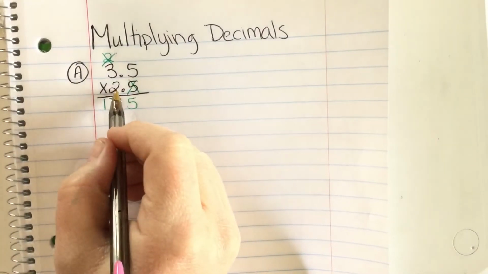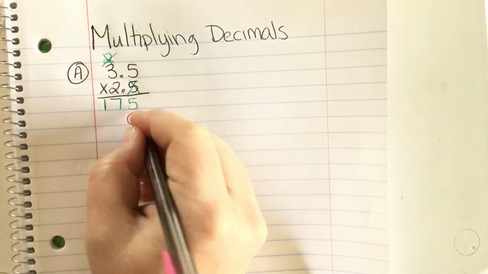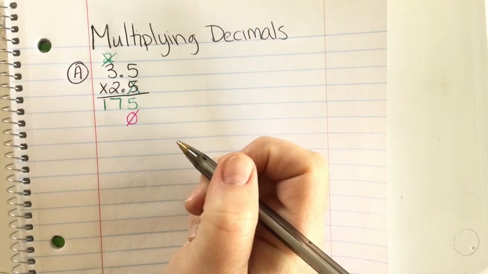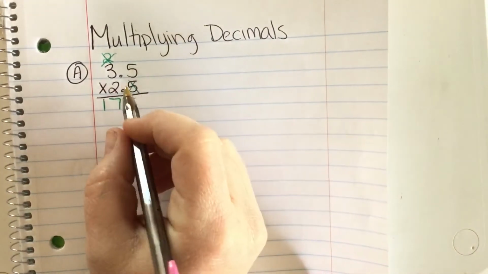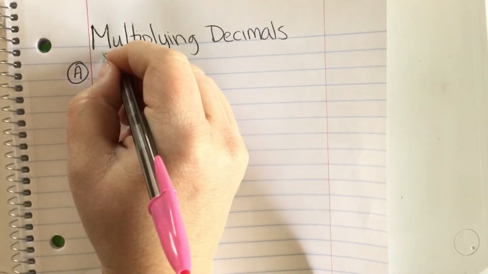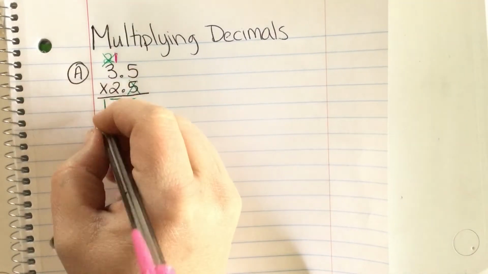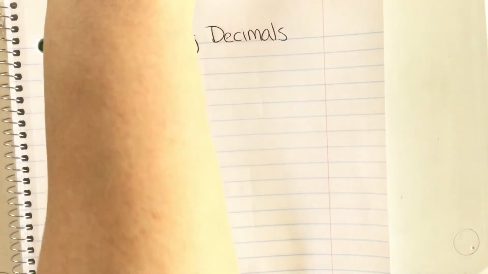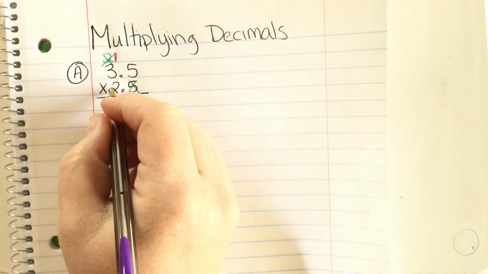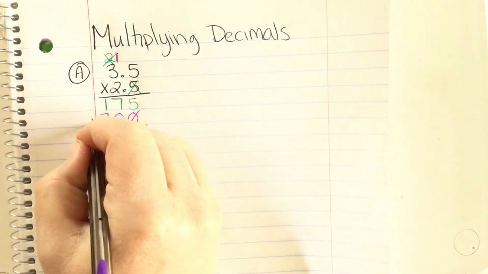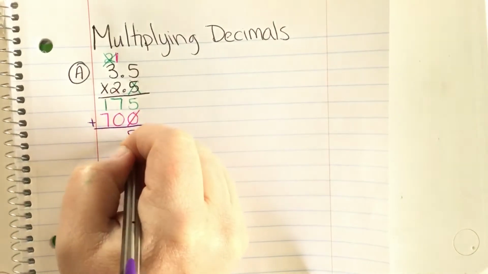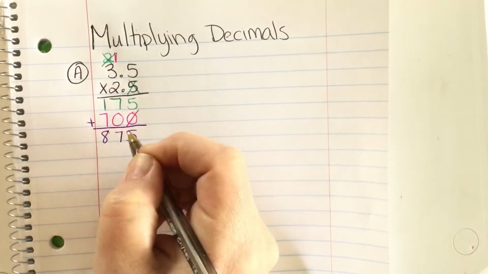My next number is the 2, but really it is a 20, so we're going to use that 0 as a placeholder. Drop the bomb, lay the egg, whatever you want to call it. 2 times 5 is 10. 2 times 3 is 6, plus 1 is 7. And our next step, there's nothing left to do with the 2, so now we're going to add. 5, 7, 8, 875.